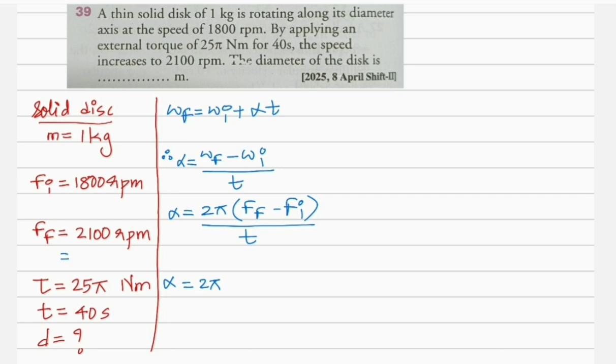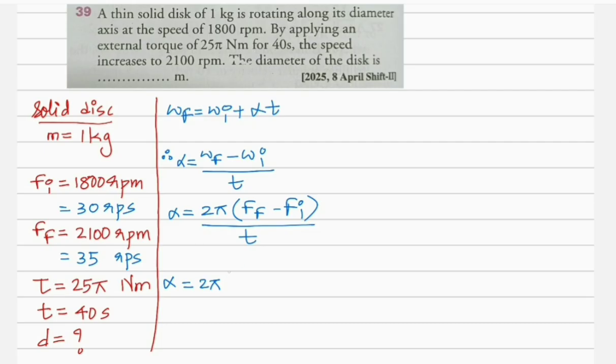That's 2100 rpm. I just have to divide by 60 so that I get the unit rps, revolutions per second. So 2100 divided by 60 gives me 35, right? So 35 rps. What about the initial frequency? 1800 divided by 60, that will give you 30 rps.